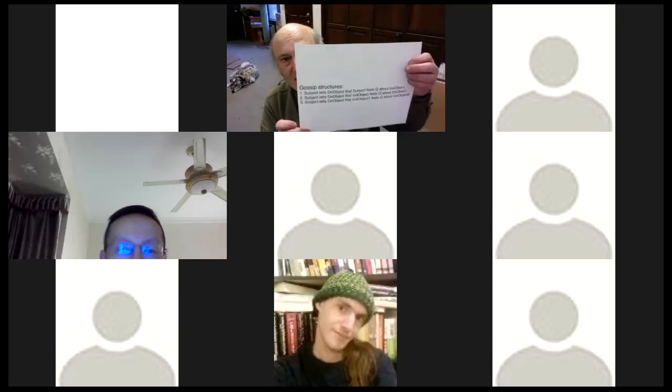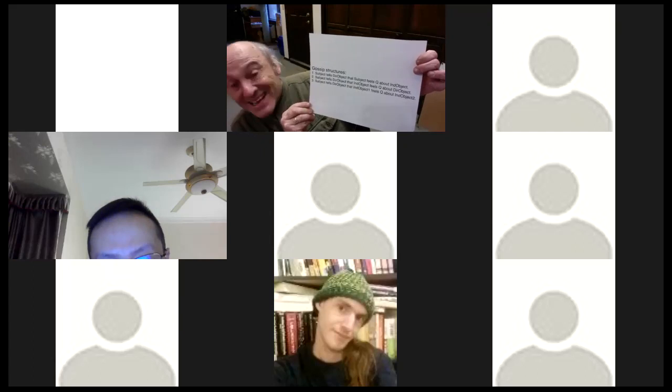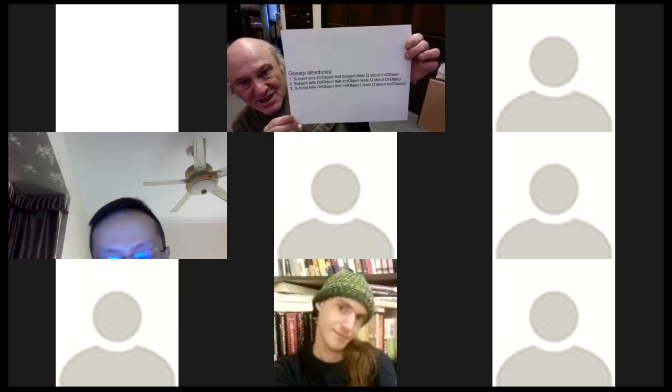This is a very simple form. And really, you almost always need to go beyond it. And in fact, from the very beginning, I went beyond that. The second form extends it a little further: subject tells direct object that indirect object feels Q about direct object.